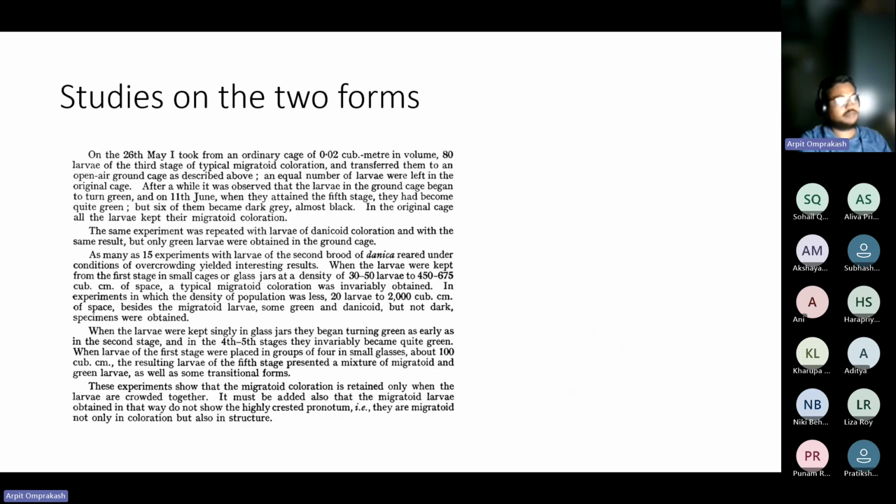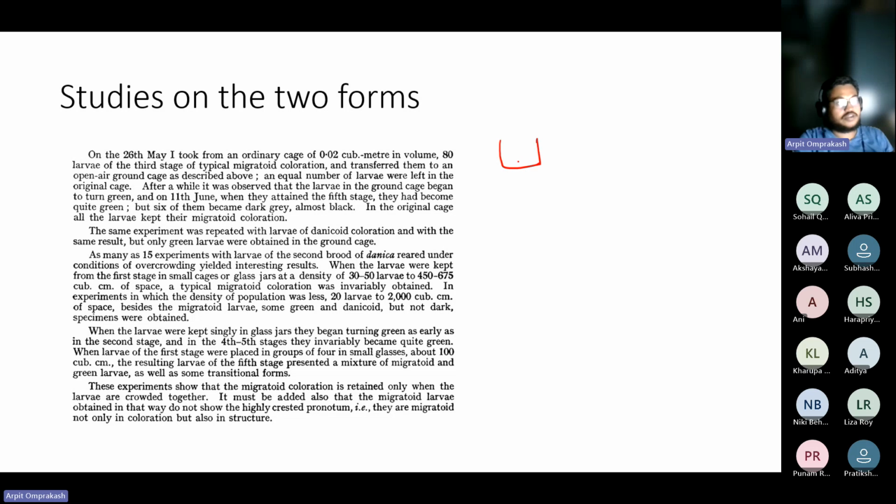Then in the same study, he took a lot of larvae from different migratoid grasshoppers or locusts, and put them in different cases.